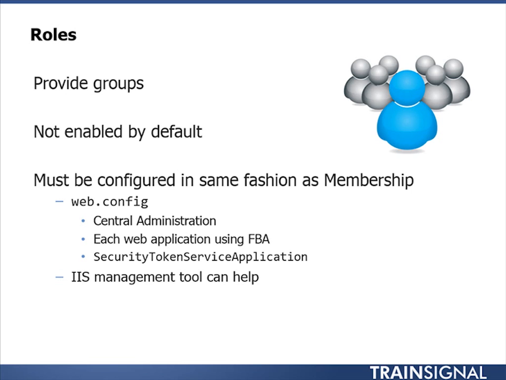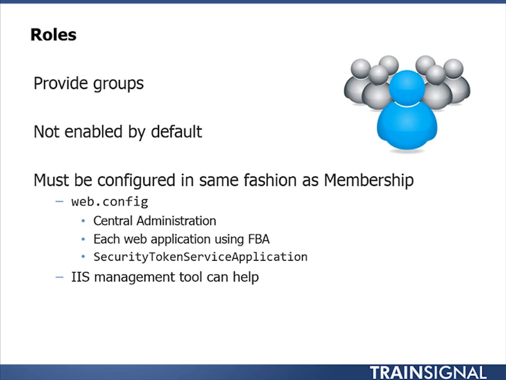Okay. Now, I'm going to get into a demo setting up membership and roles here in just a couple of moments. But since it's all going to be done in one fell swoop, I just want to touch on roles real quickly before we get into our demo. Roles are basically groups, but for forms-based authentication and membership. Now, roles are not enabled by default.